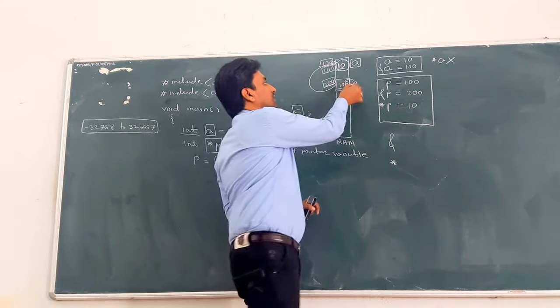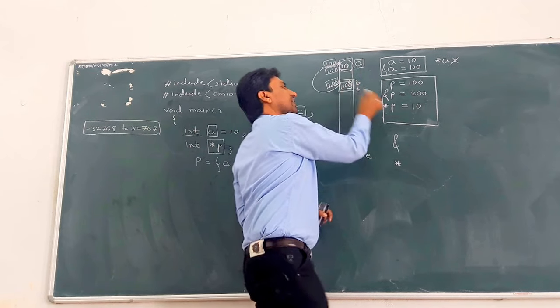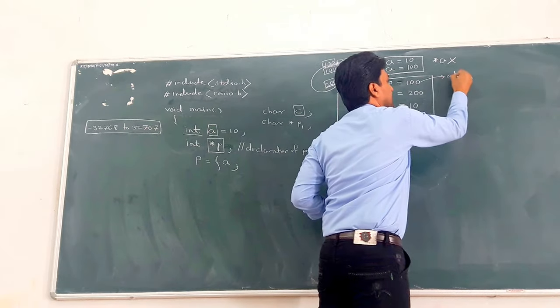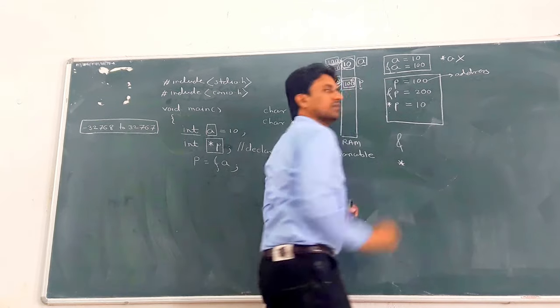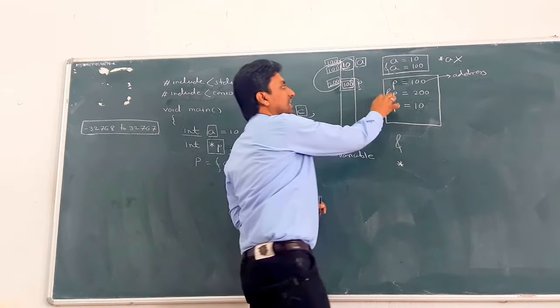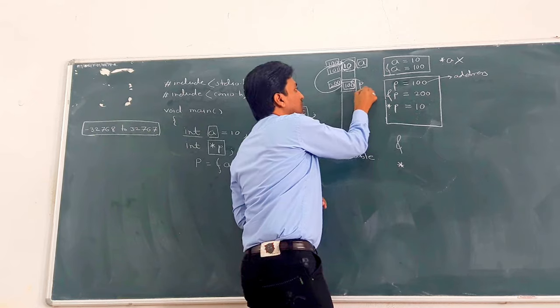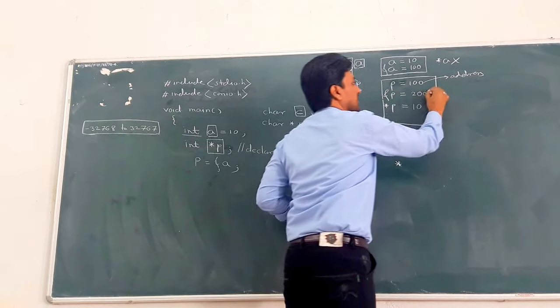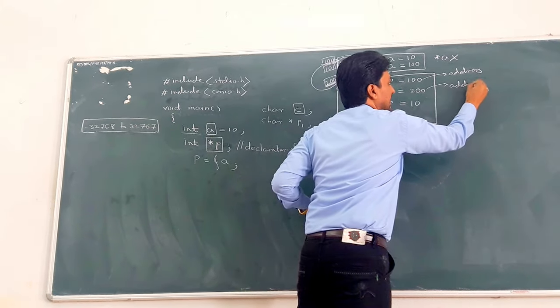A pointer variable gives you 3 types. Just P means the value inside P, 100, and 100 is actually an address. Next, the address of P means P's location address, 200, that is also an address.